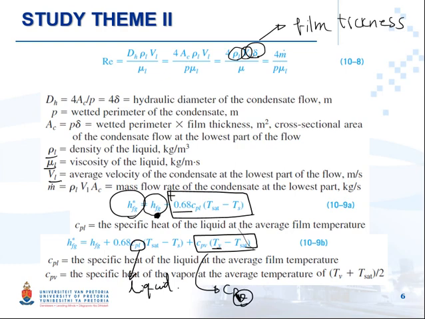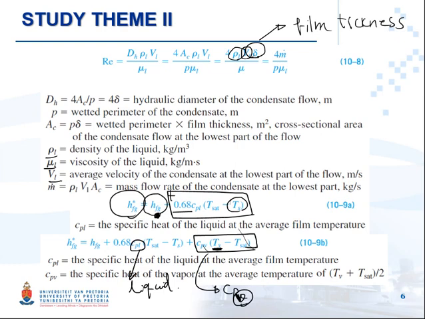Why? Because TV, the temperature of vapor, is higher than saturation temperature, because it's superheated. If the surface temperature is the same as Tsat, this will be 0 and HFG star will be equal to HFG. That's the reason why we need to use modified latent heat of vaporization when we are talking about film condensation.